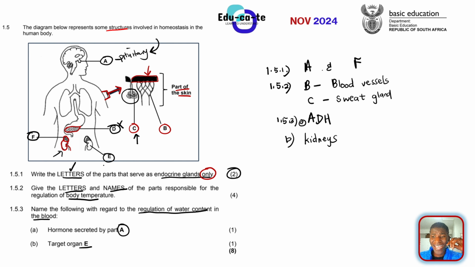So basically, it's the target organ. Because when we are controlling the water levels in the blood, the antidiuretic hormone is sent to the kidney. So the kidney is the target organ that receives the antidiuretic hormone, and it will start doing all those things that it does so that the water levels in the blood can be maintained or regulated.